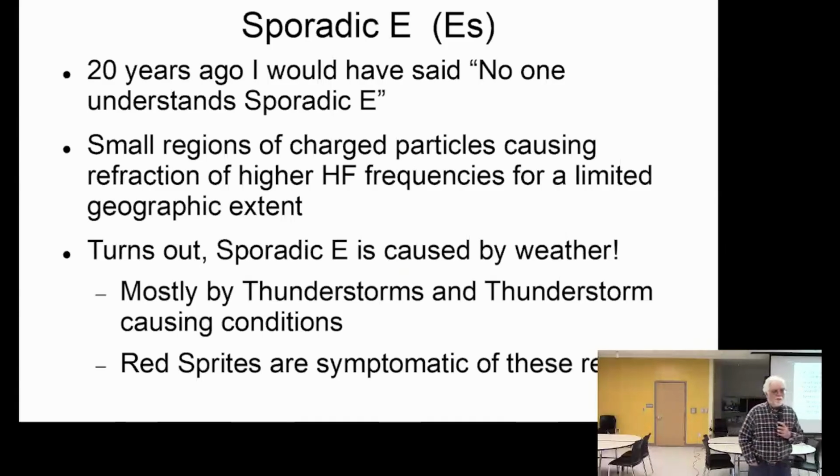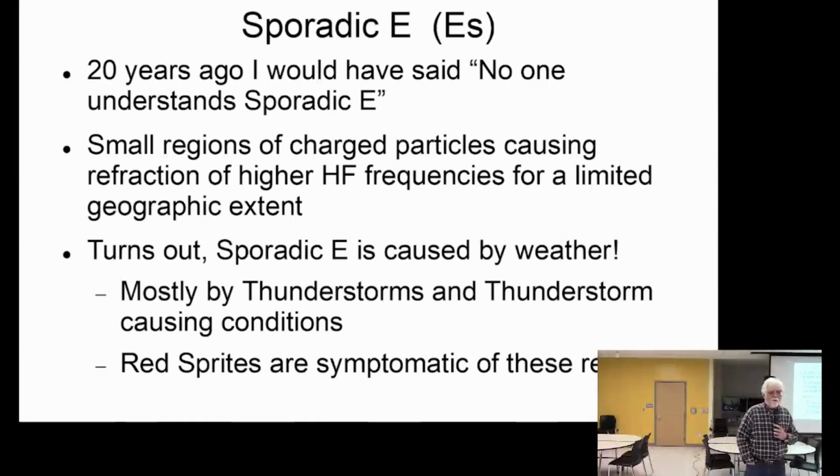And this is important to them because, believe it or not, over-the-horizon radar on the East Coast is used to track drug runners in the Caribbean. So it's important to know if you have sporadic E going on for your paths for using over-the-horizon radar in the daytime, or even at night.